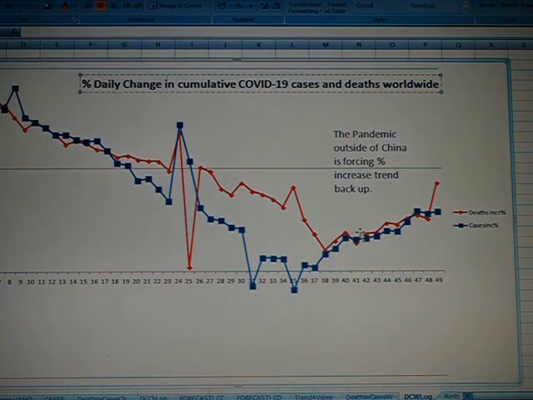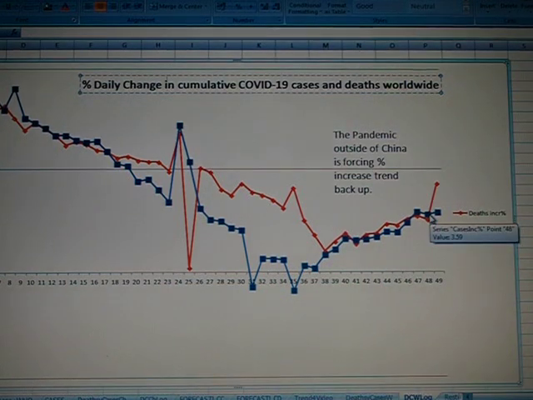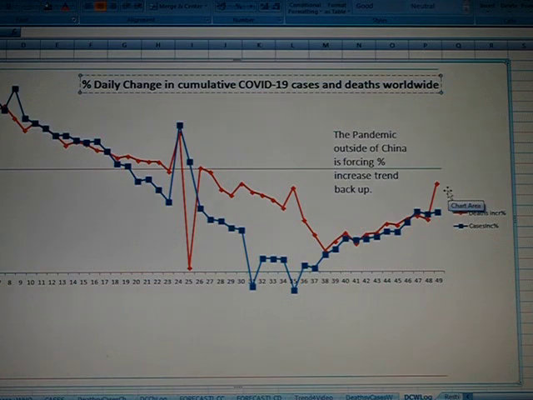But because of the combination of the other countries and the contribution from the rest of the world now, both the deaths and the new cases, the world totals are now trending upwards very, very steadily for at least 10 days. And that is a very, very bad sign. That's a sign the rest of the world has taken over from China with this disease.